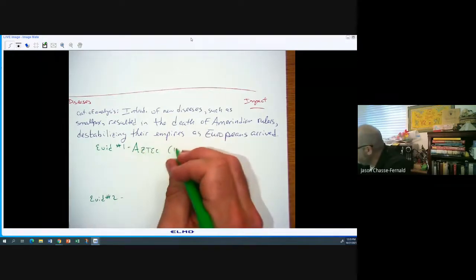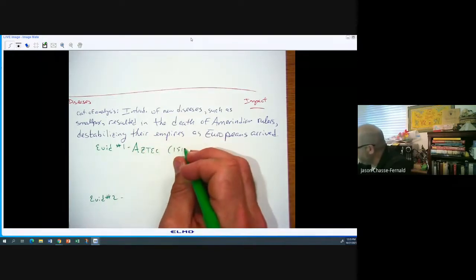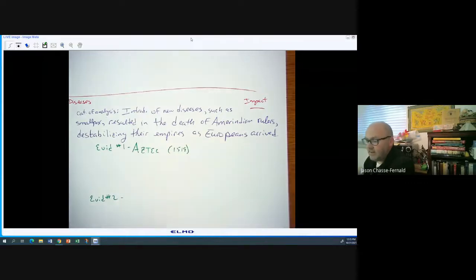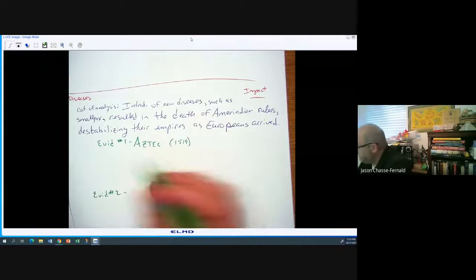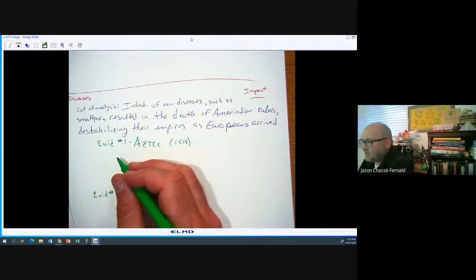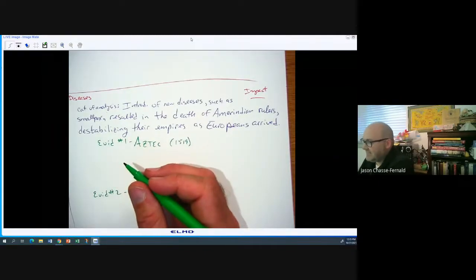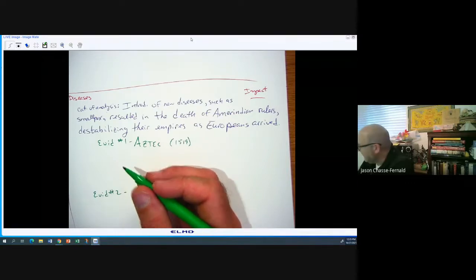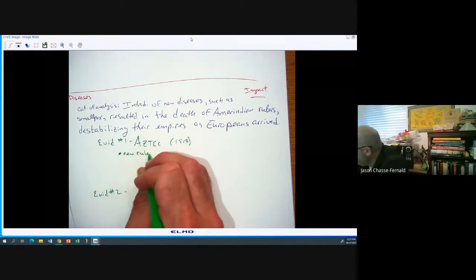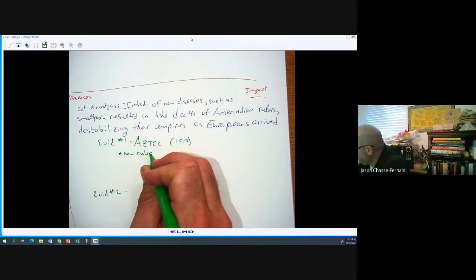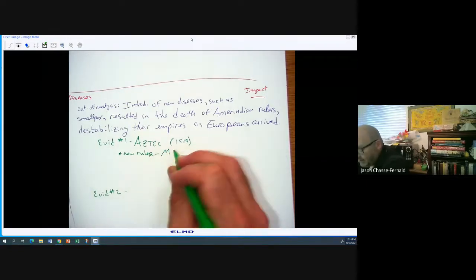And of course, that story begins in 1519. The Aztec are a good example because just before the arrival of the Spanish into what is today Mexico, the emperor died, and then we see a new ruler, the nephew of the old one, whose name is Moctezuma II.